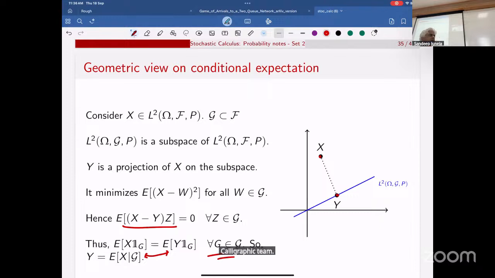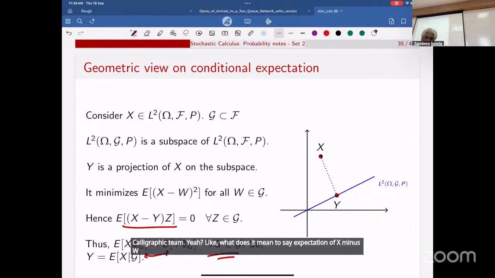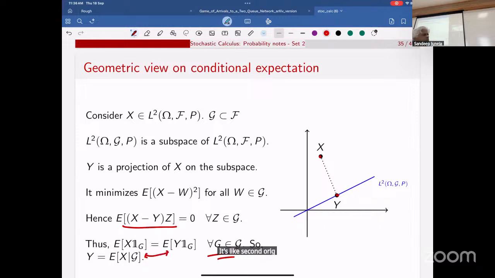Professor, this might be a stupid question, but what does it mean to say the expectation of X minus W, where X is a random variable and W is a set in a sigma algebra? No, W is also a random variable. That's my mistake, this is a typo.